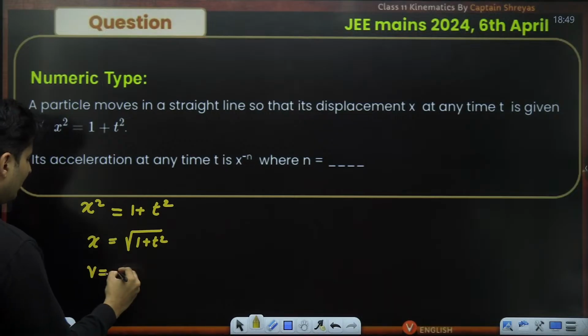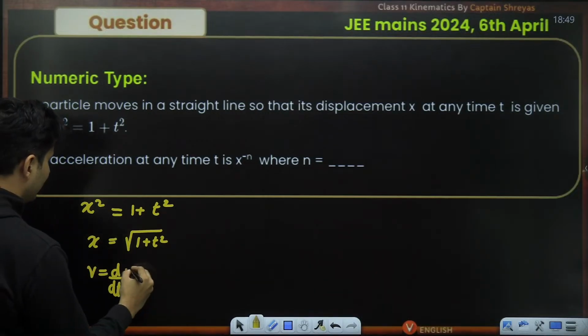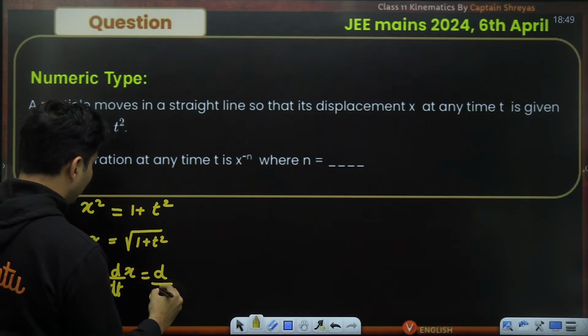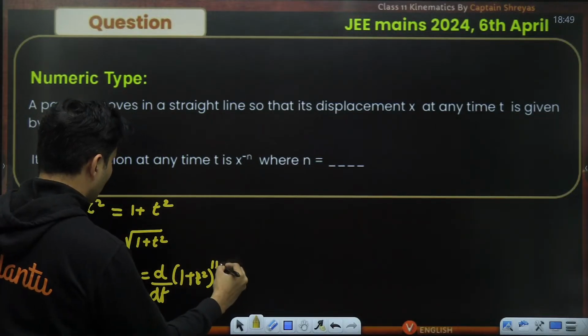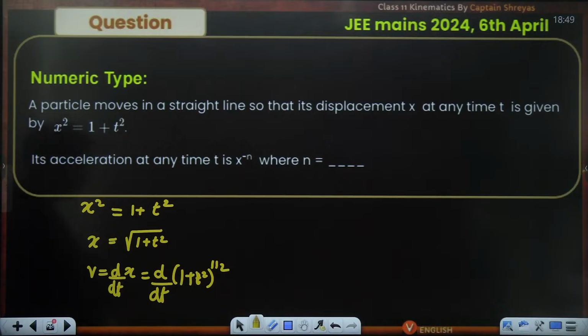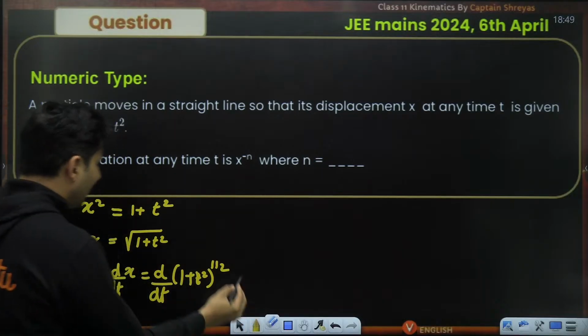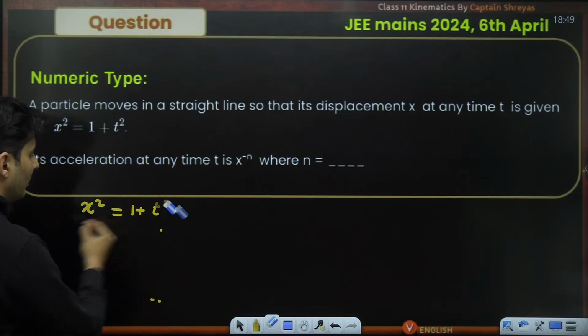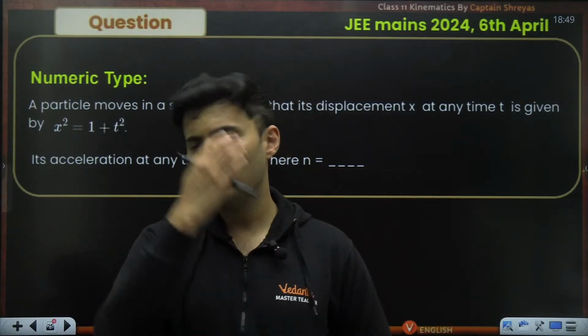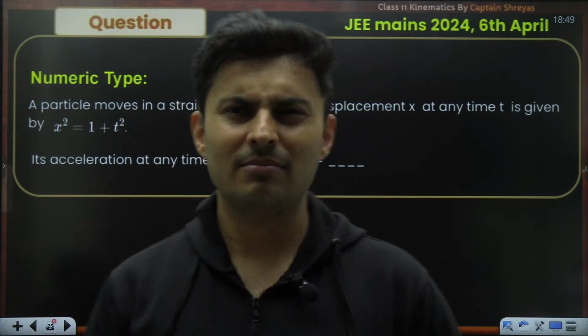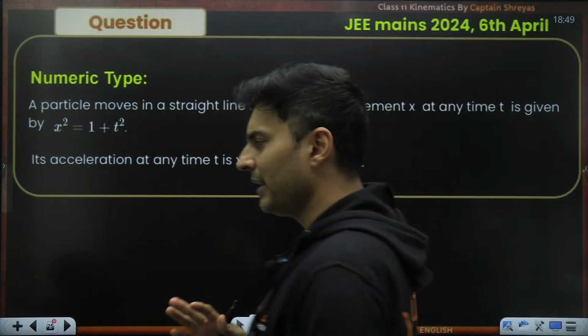So then velocity will be derivative of x with respect to time, means derivative of root of 1 plus t square. We can do this derivative. It's not a big deal, but I don't like doing it that way. Because roots are there, it's a function of a function. I have to use chain rule and all of that. Big headache. I don't want that headache.